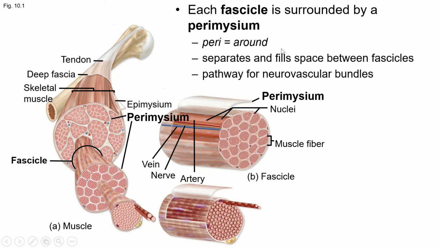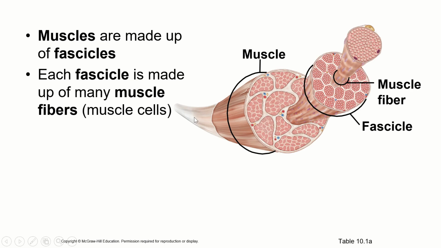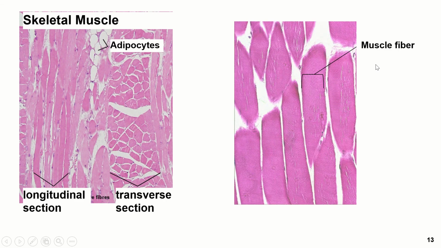Peri means around, which is going to separate the fascicles and also fill in the spaces between the fascicles and provide a pathway for arteries and veins and nerves to supply the individual cells. So the muscles are made up of fascicles. Each fascicle is made up of a number of muscle fibers, which is what we call muscle cells in skeletal muscles. The muscle fibers are really long, thin cells.